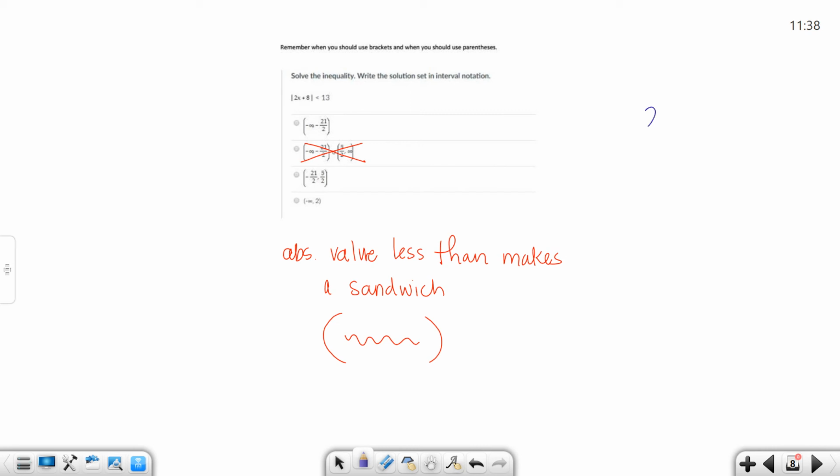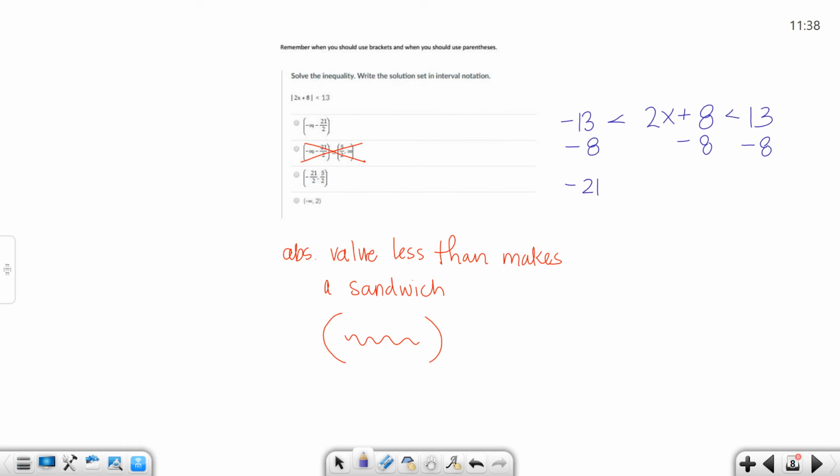The way that you solve it formally is you take 2x plus 8 and you're going to sandwich it between 13 and -13. You'll notice that the inequalities are both pointing in the same direction. To solve this out, I'll subtract 8 from all 3 pieces. I'm sorry, I misspoke. You'll subtract 8 from all 3 pieces.